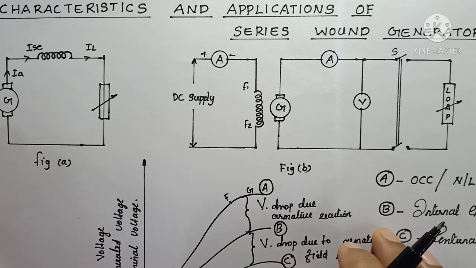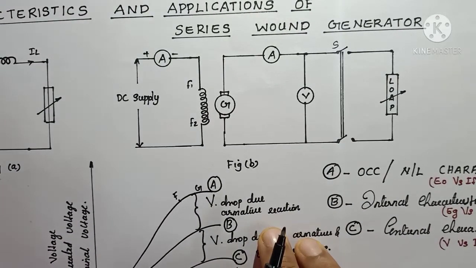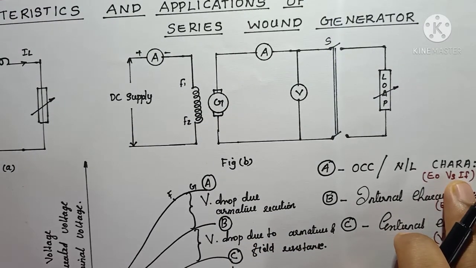The open circuit characteristics is also known as the magnetizing characteristics or no load characteristics. That gives the relationship between the no load voltage, E0, and the field current IF.